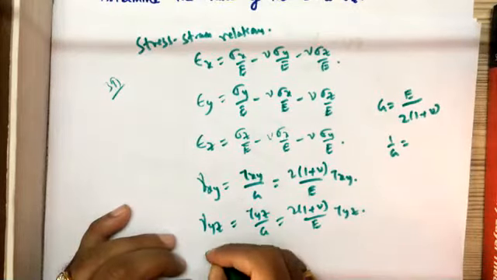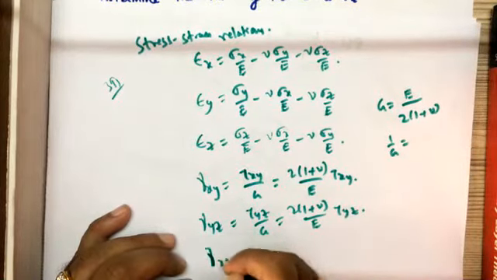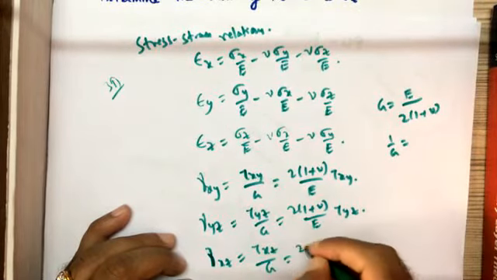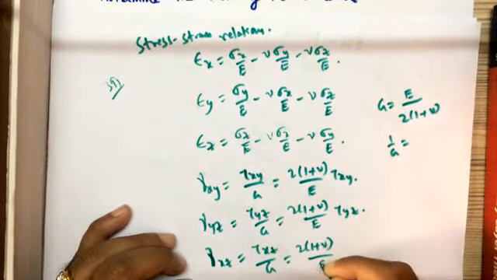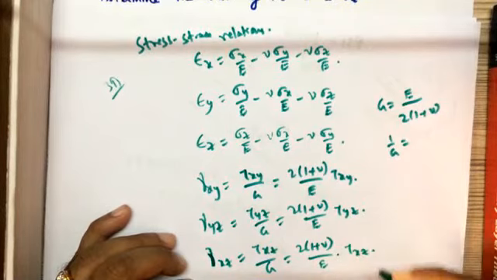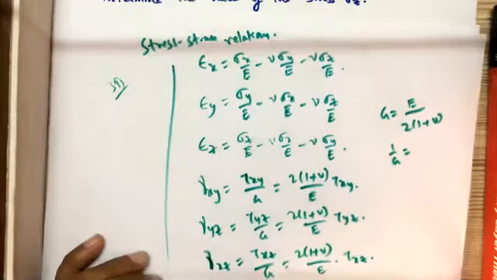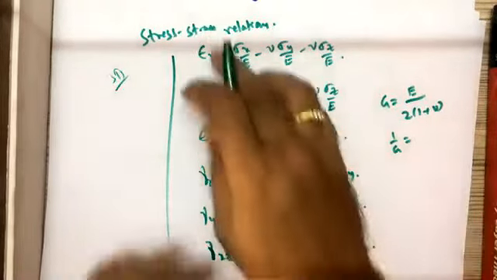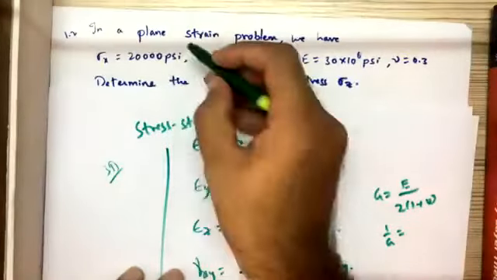Similarly, gamma xz is equal to tau xz by G, so 1 by G is 2 into 1 plus nu by E into tau xz. So these are the three-dimensional stress strain relations.